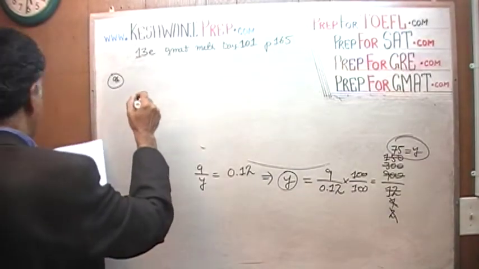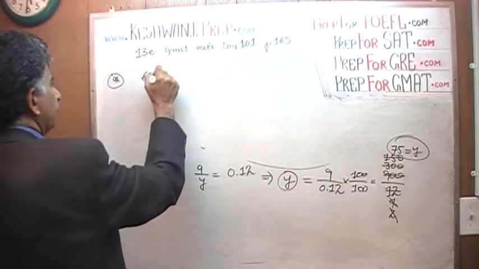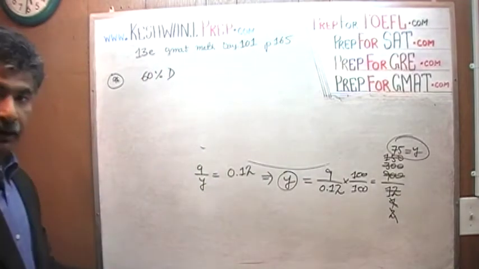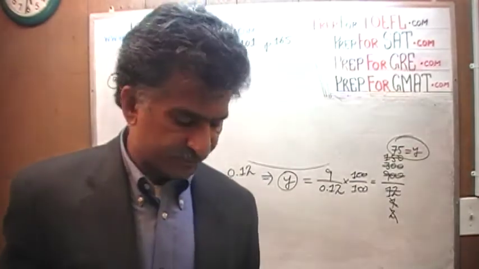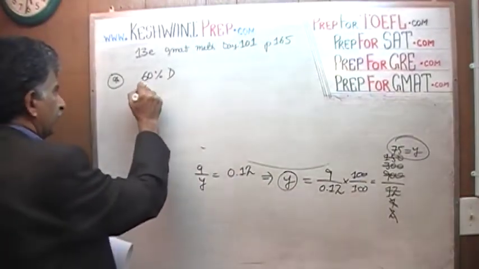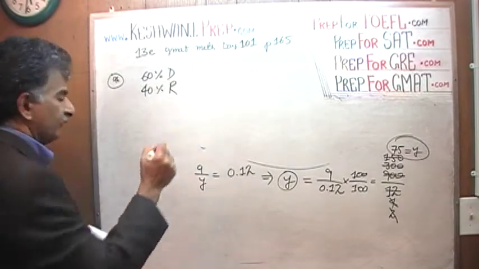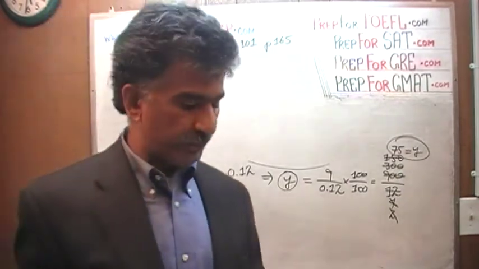In 96 they tell us that in the election, 60% of the town are registered as Democrat and the rest are registered as Republican. Well, if the rest are registered as Republican, that's your 40%.